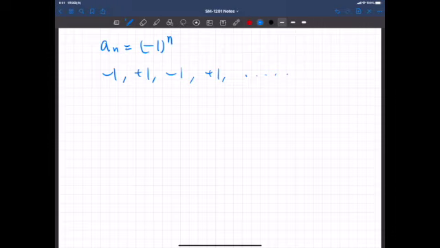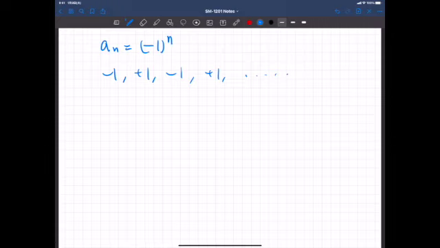It never converges because it doesn't approach any constant, but it just switches from -1 to +1 and vice versa. So this diverges, and it does not diverge to positive infinity or negative infinity, but it just diverges, in the sense that it doesn't converge to any constant.